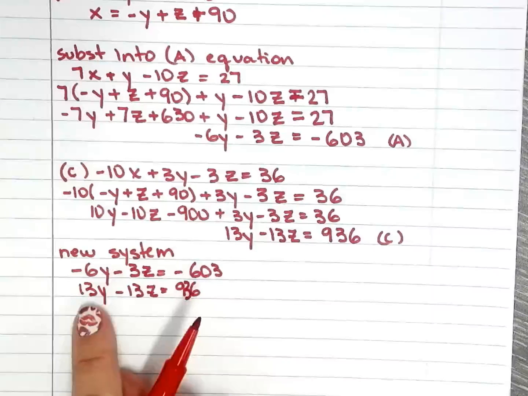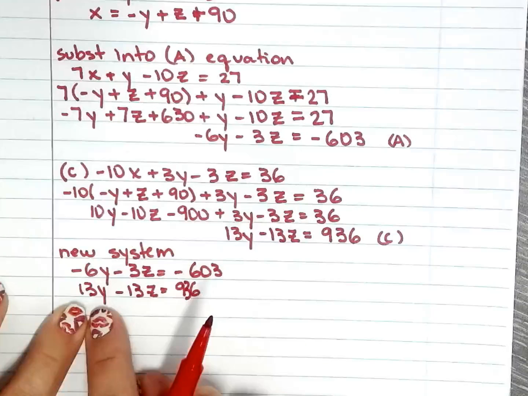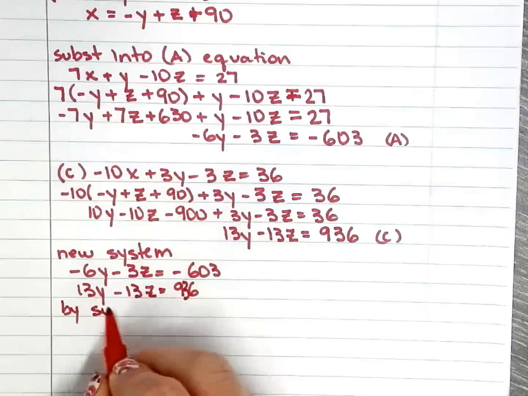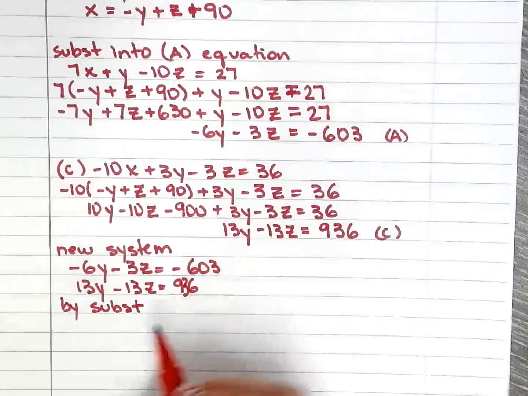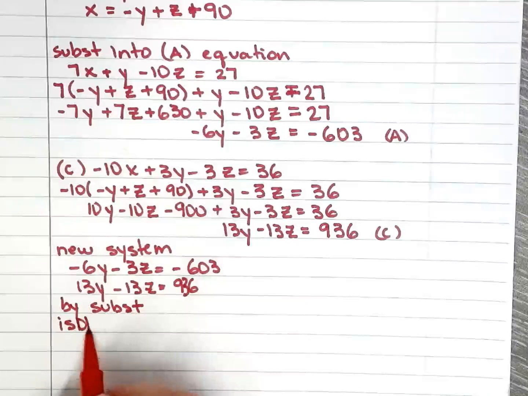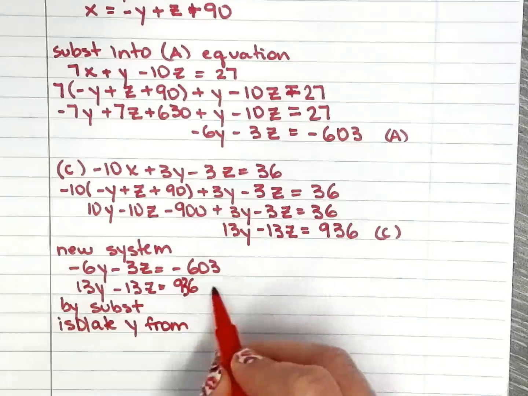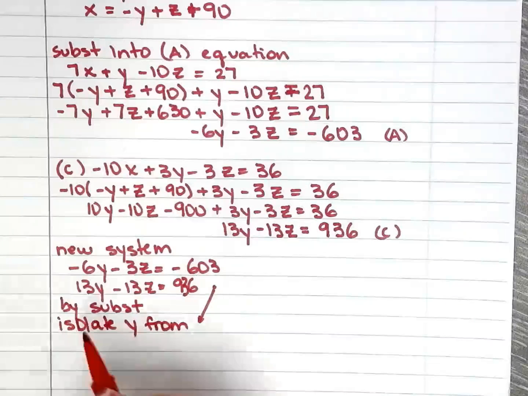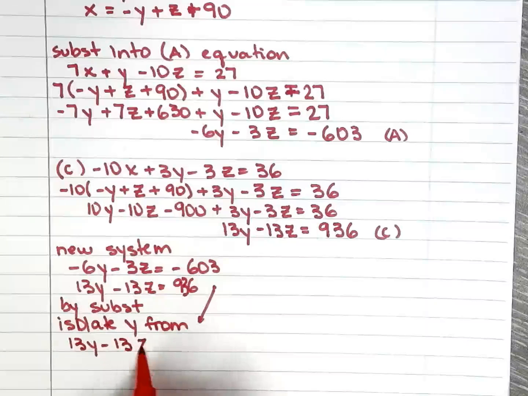Okay, now if I solve by substitution here, I can just go ahead and solve for y. So by substitution, if you want to do elimination, go for it. So I will isolate y from this one. So 13y minus 13x, not x, z.